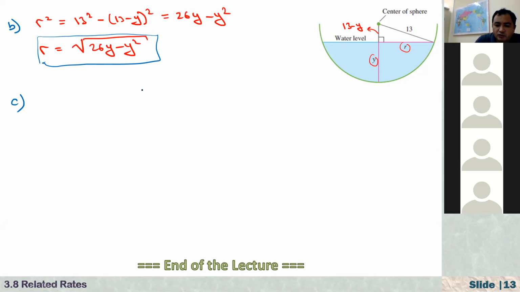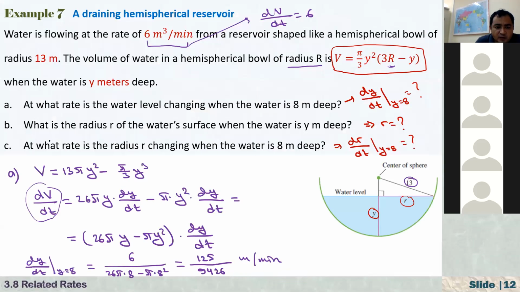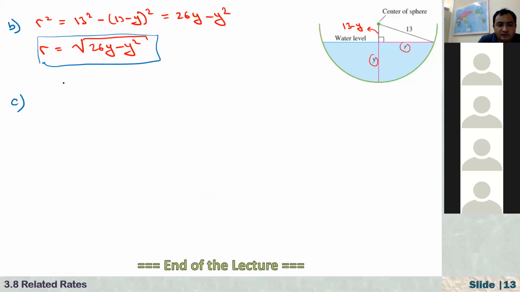And part C now, it says, at what rate is the radius R changing when the water is 8 meters deep, right? So that means we need to find dR/dt when y is equal to 8. So now we need to differentiate this. How can we do that? R is just equal to (26y minus y squared) to the power of 1 over 2.